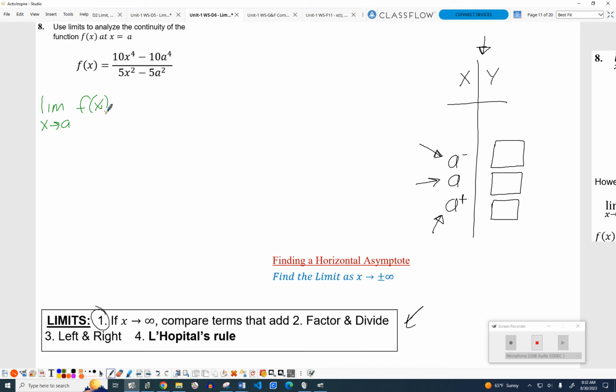In fact, here's another thing to memorize. If you were to take a number close to a, like this one, and you were to plug it into this formula, you're going to find that you end up with close to 0 on the top, and close to 0 on the bottom.